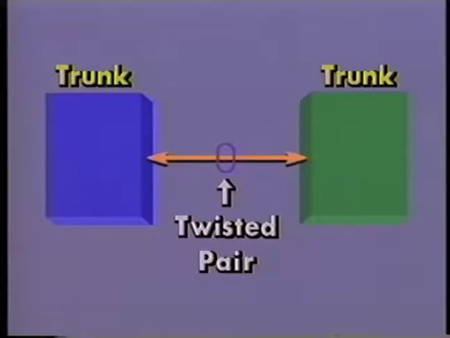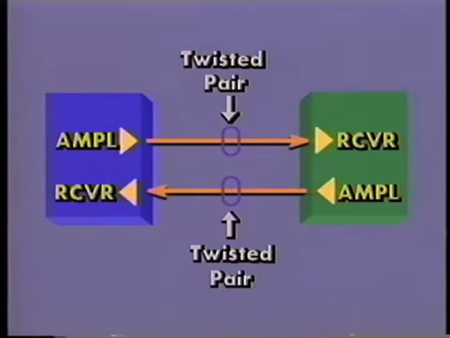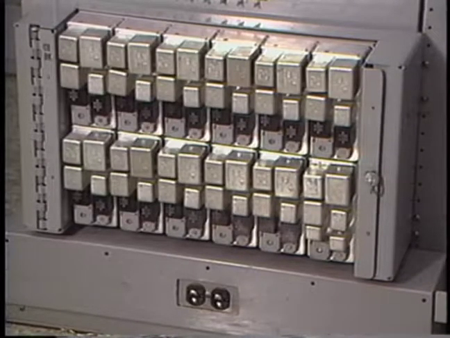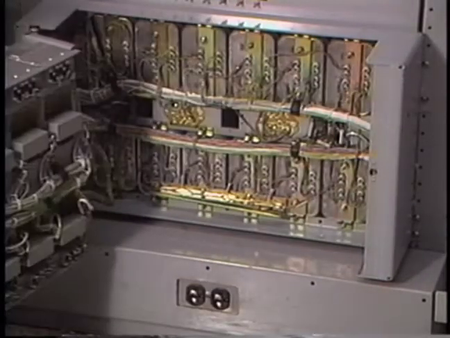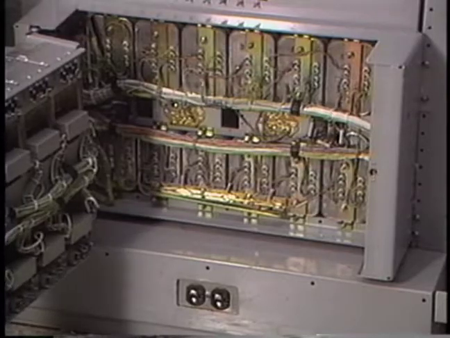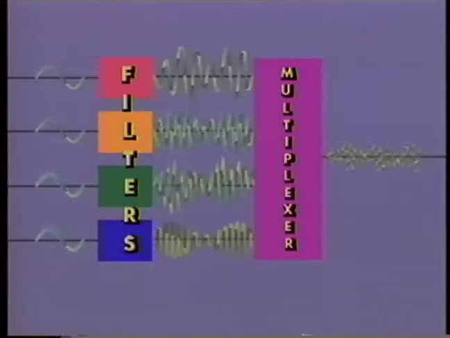To connect calls from one central office to another, trunks were developed. Trunks were soon improved with 4 wires and amplifiers so that calls could be sent greater distances. Eventually, a more efficient way of using trunks was discovered. More than one call could be carried by one pair of wires using a process called multiplexing.